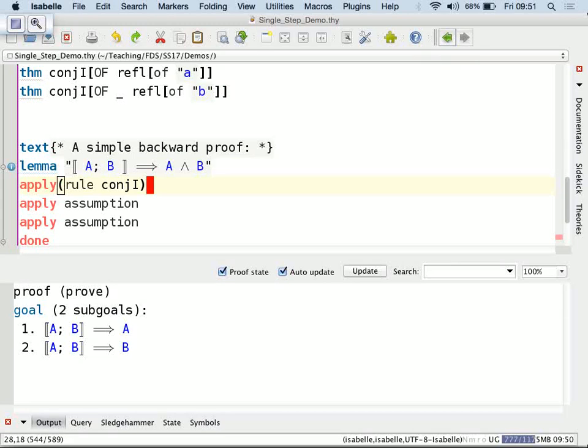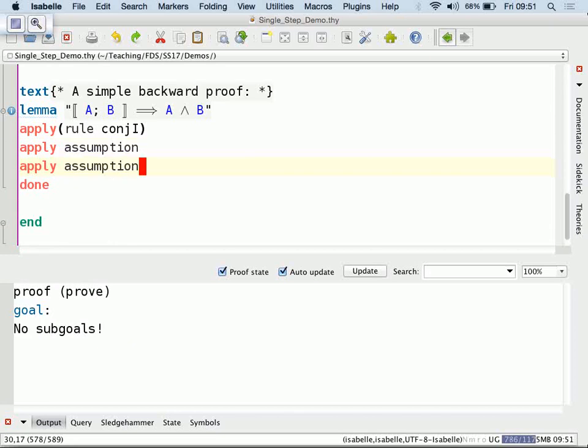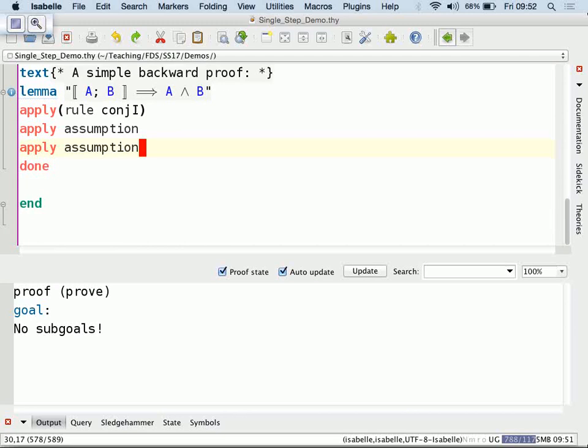One you have to prove A, and one you have to prove B, and A and B I have explicitly put in there as assumptions, and so you can apply assumption, and then that subgoal goes, and you can apply assumption again, and that subgoal goes. So if A and B are bigger formulas, then this gets more interesting. Of course, here all of this is in principle automatic.